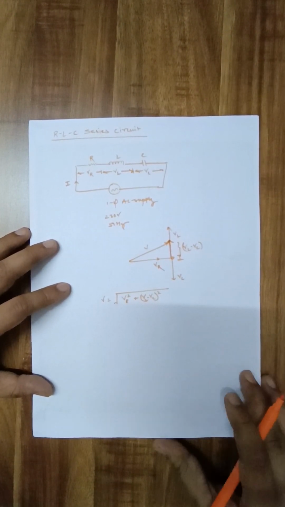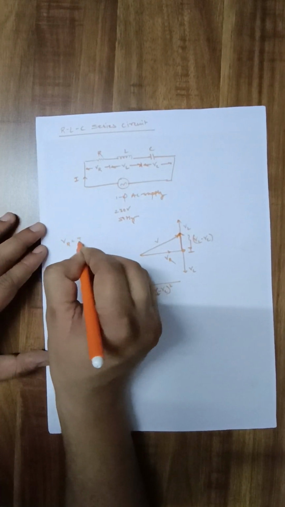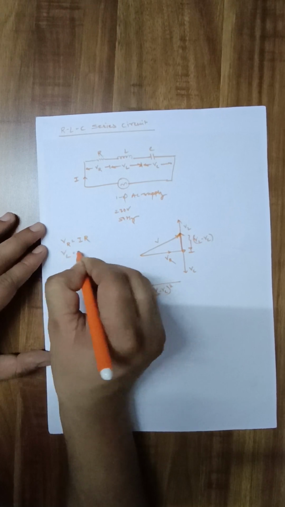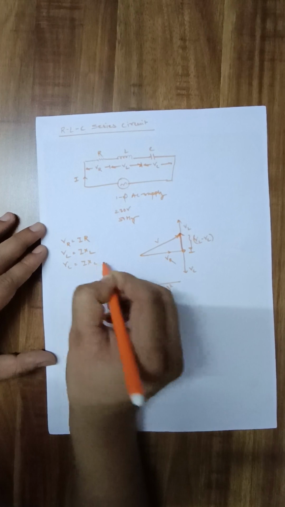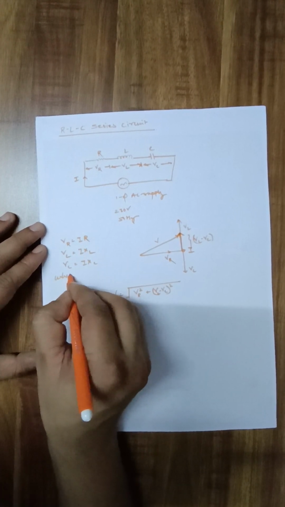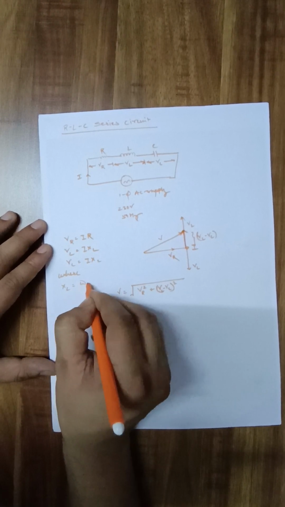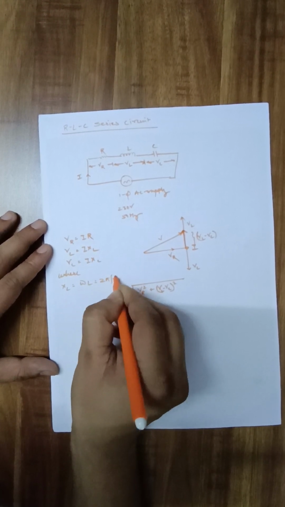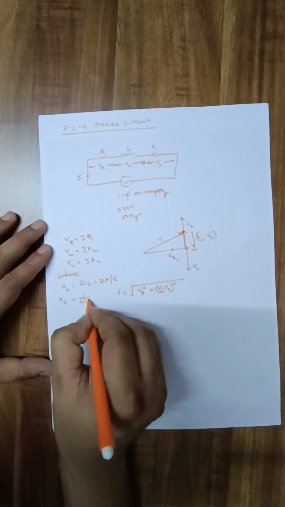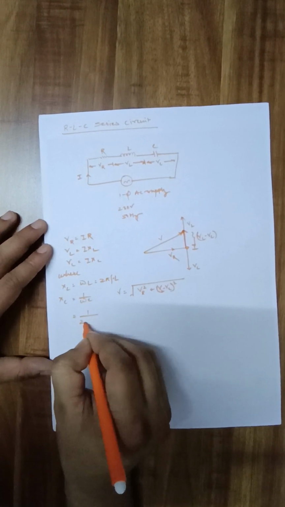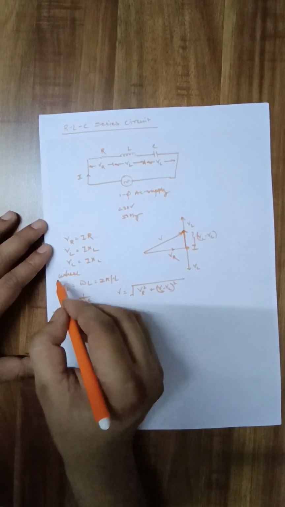Okay, and as you know that values of VR will be equal to I into R, VL will be equal to I into XL, and VC will be equal to I into XC, where XL is equal to omega L equals to 2 pi F into L, and XC will be equal to 1 upon omega C. It means 1 upon 2 pi F into C. This will be your XC.